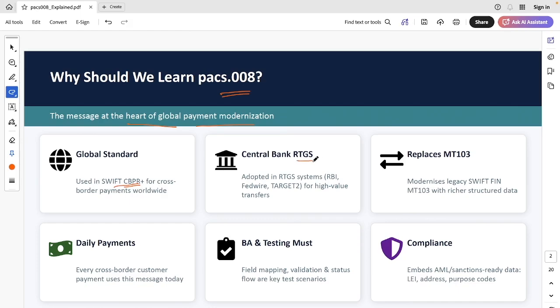Many RTGS and high-value payment systems are also adopting ISO 20022 messages or format. That means banks are moving from older message formats to richer structured XML messages. From the perspective of business analysts and testers, this becomes very important. You need to understand the field mapping, the validation rules, the message transformation, the payment status, repair queues, ML check, and audit trail.